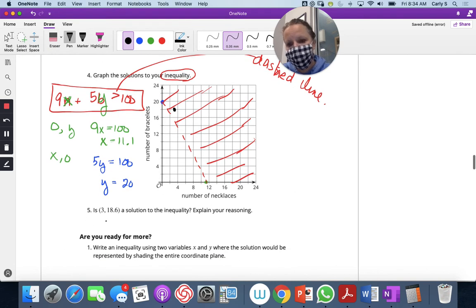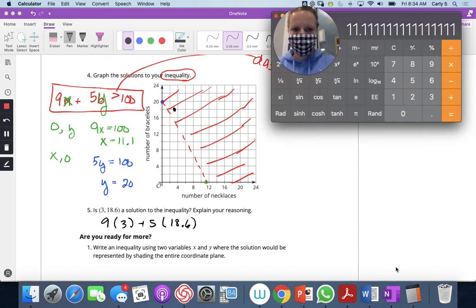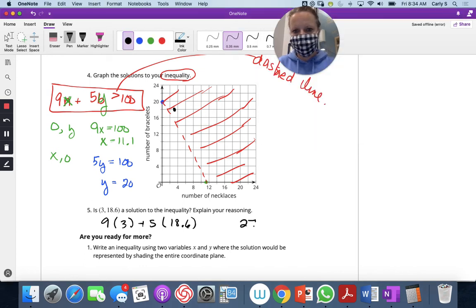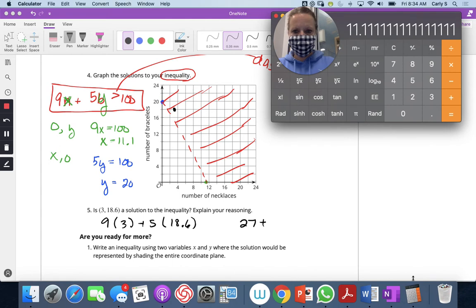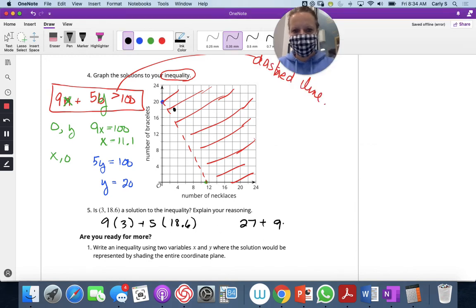Let's double check with algebra though. 9 times 3 plus 5 times 18.6. 93. All right, 93 plus 27 is 120. 120 is greater than 100. So yes, it is in fact a solution. Okay?